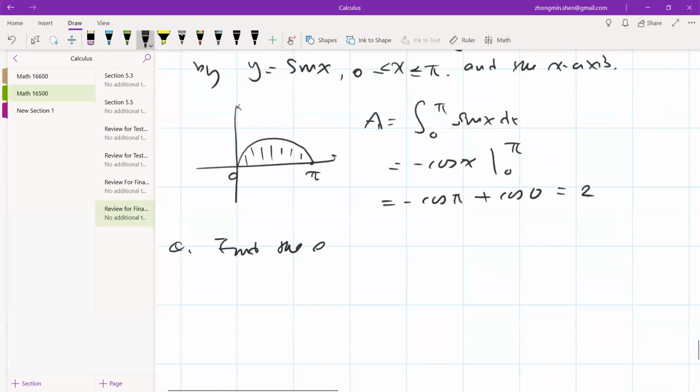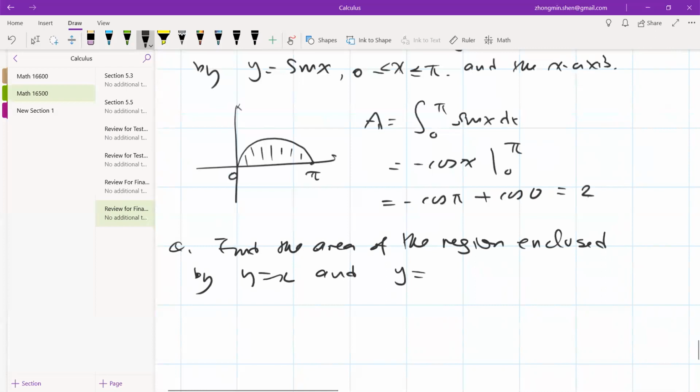Find the area of the region enclosed by y equals x and y equals 3 minus x squared.